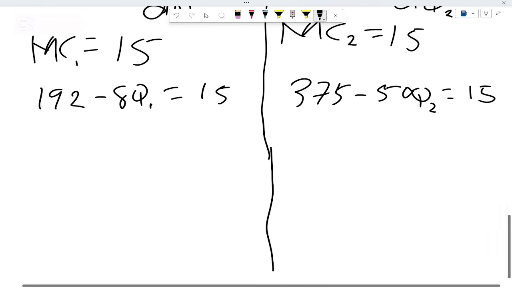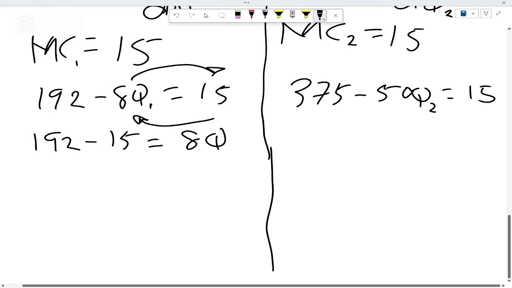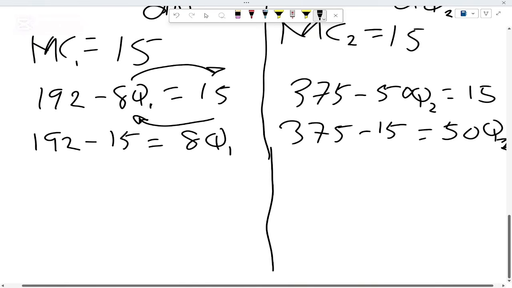Our focus is to calculate the value of Q so that it can enable us to obtain the value of P. So this is what we do. We move this and move this. So what do you have? 192 minus 15 equal to 8Q1. What about here? 375 minus 15 equal to 50 Q2.